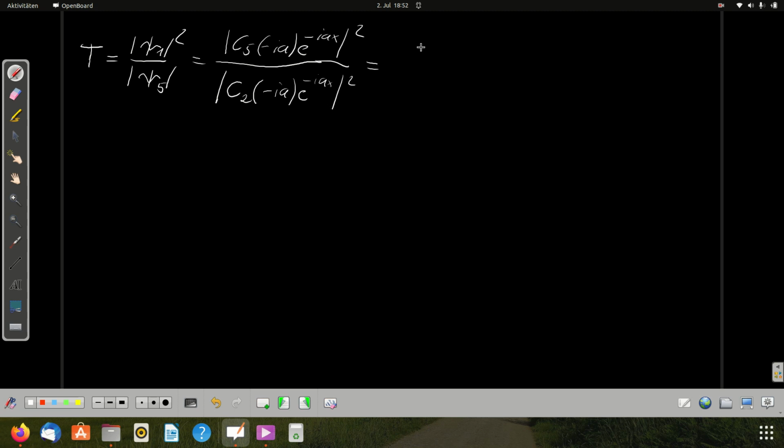This is now c5 over c2, and its corresponding probability density.